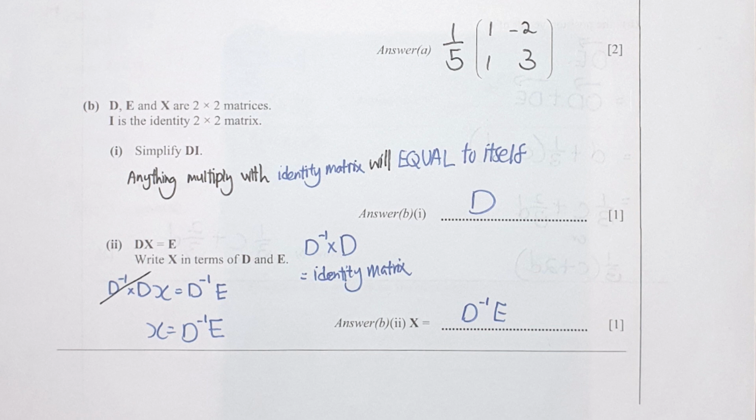After you multiply D inverse in, do take note that on both sides you must multiply it. So we have D inverse times E on the right hand side. So your final answer, x equals D inverse times E.